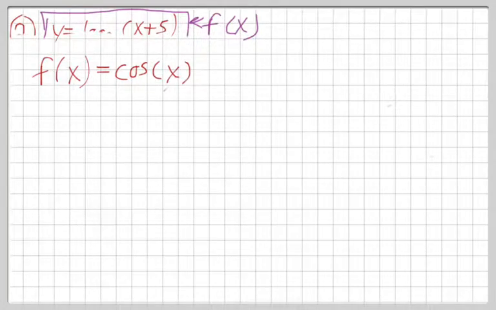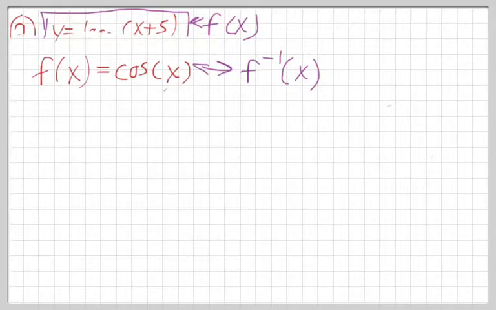Notice, if we're trying to find the derivative of the inverse, we don't have a letter for it. We can just call it f inverse. Now, the one thing you need to remember is that since these are inverses of each other, every time you see x on the inverse, you're thinking y on the original function.